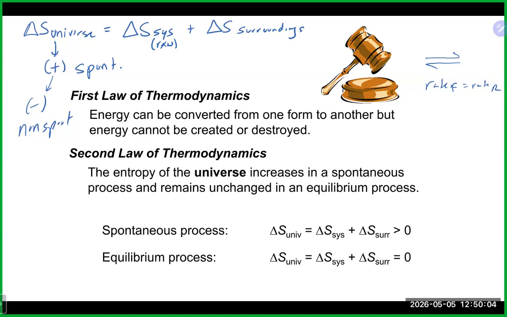It's just locked into place where it's at. That's why the delta S of the universe is equal to zero in an equilibrium process. There's not much change happening because it's just going to remain in that equilibrium position unless you do something to disturb it. And that means nothing's going to change in terms of whether we made more products or reactants.